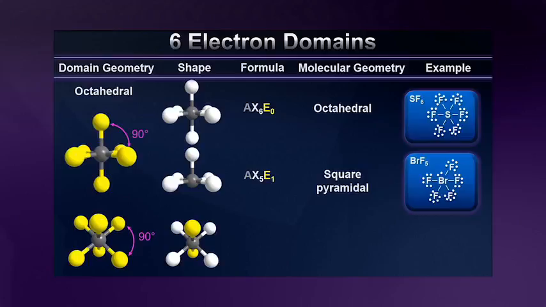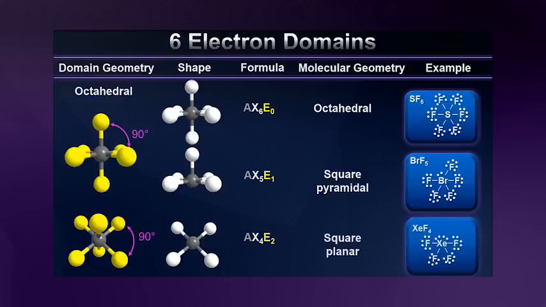So when I do this and then remove the appearance but not the effects of those lone pair electrons, I get an AX4E2 molecule with a geometry that is planar, but it's got 4 points, so we call it square planar. An example of a square planar molecule is xenon tetrafluoride. So applying VSEPR theory allows us to explain and even predict the geometric arrangement of atoms in relatively simple molecules.